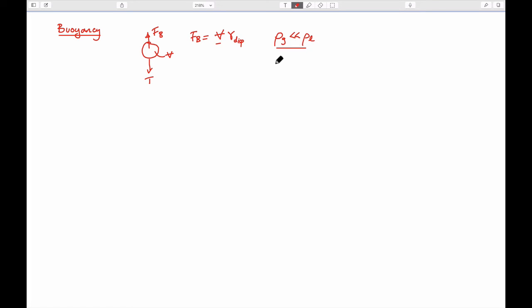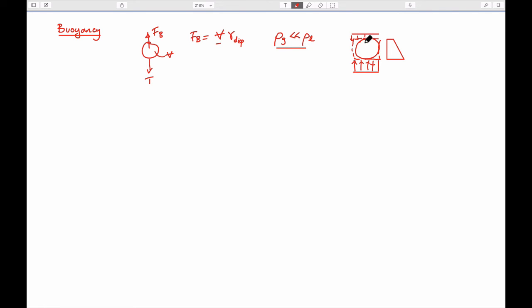And the reason for buoyancy, of course, is because there's a net difference in forces acting on this buoy, if you like, because as you go down in depth, the pressures acting on the base are somewhat larger than the pressures acting on the top.